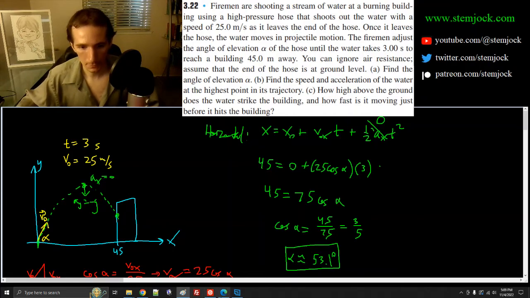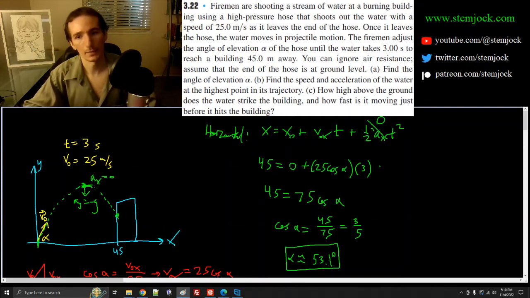Now it's also asking for velocity, right? The speed. So at the highest point, the vertical component of the velocity is 0 because it's at the top of the parabola. The velocity is purely horizontal at this point. And as I said before, ax is 0.